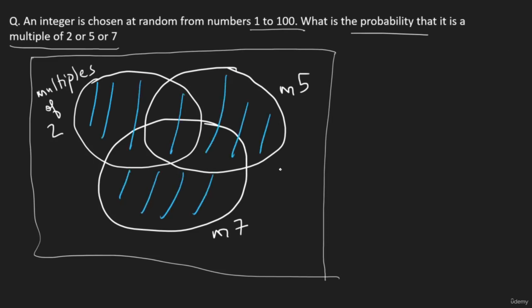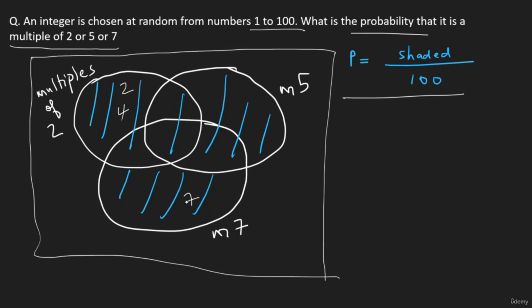Now the possibilities where we get a multiple of 2 or 5 or 7 is this shaded region, right? And the probability that we have to find is favorable events divided by total events, that's equal to the shaded region divided by 100. All right, let's quickly understand why this is so. All the multiples of 2 will come over here, for example, 2, 4, etc. All the multiples of 7 will be over here.